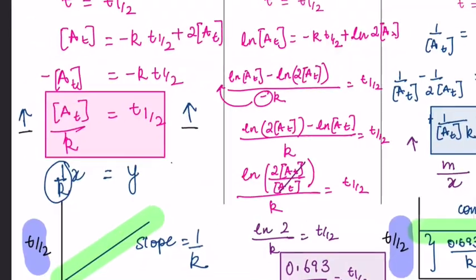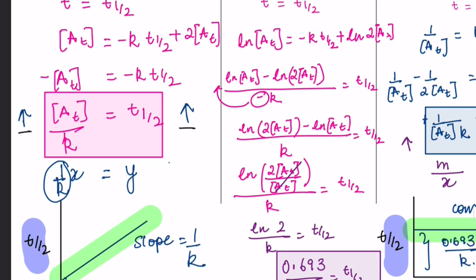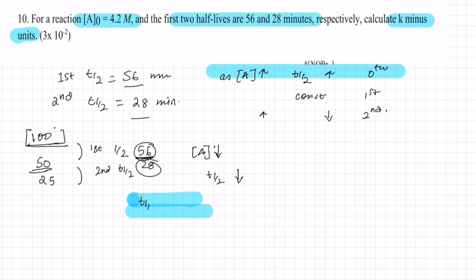Go to our equation for a zeroth order half-life as shown here. T half is At over K, and we know that at half-life At is actually half of whatever the initial concentration was.